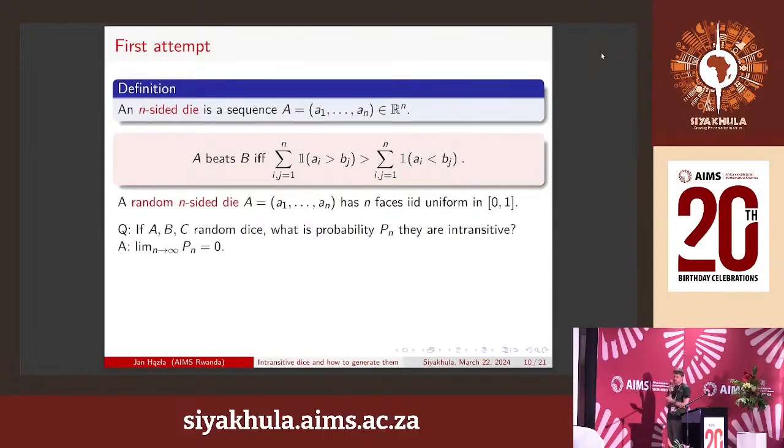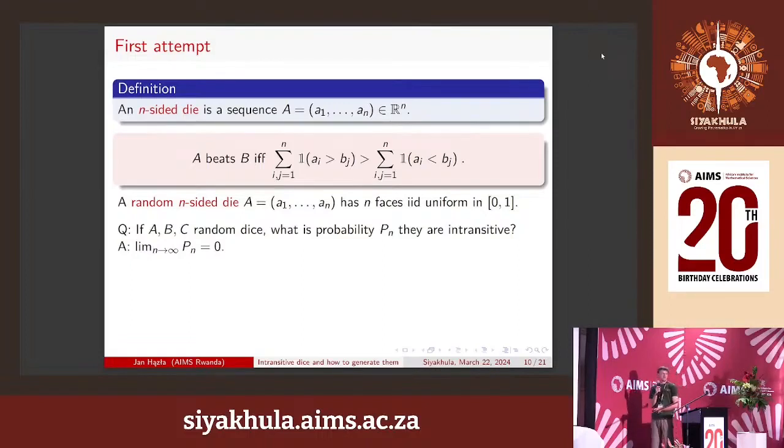So maybe the first attempt to generate examples is this probabilistic method. Just do it randomly. And what would be the simplest random model? For example, like this. A random n-sided die is going to be, now this A1, ..., AN is a vector of n variables, and each of them is IID, independently, identically distributed, uniform in the interval 0, 1.